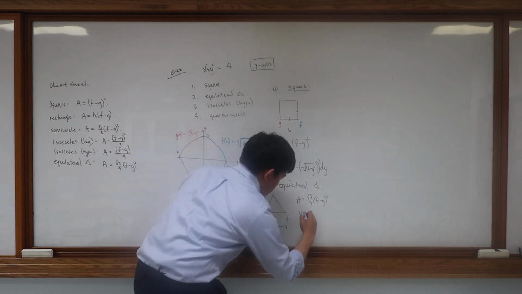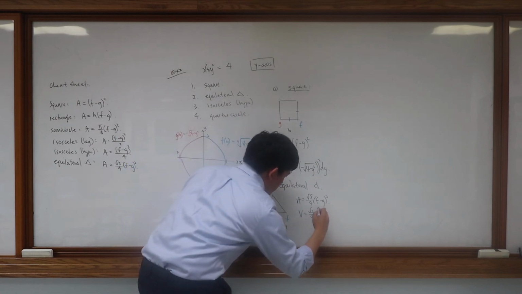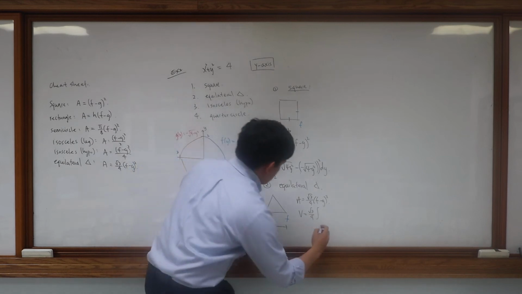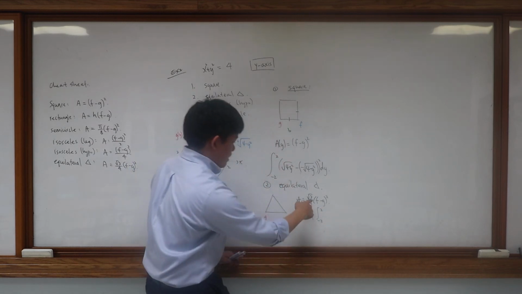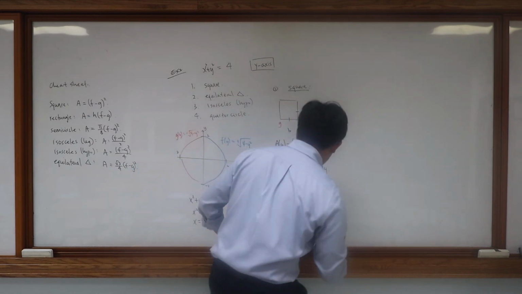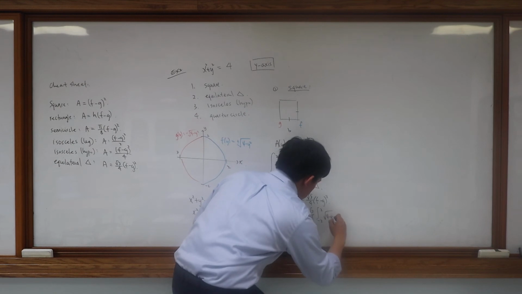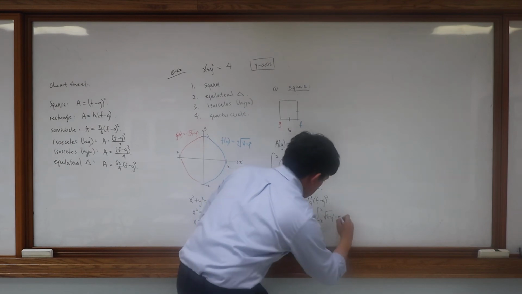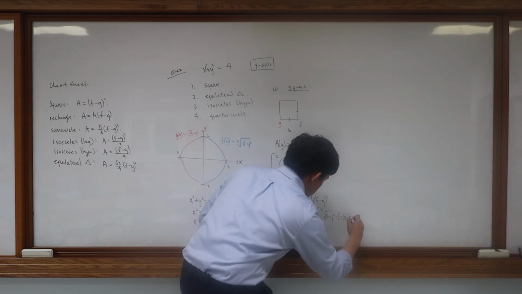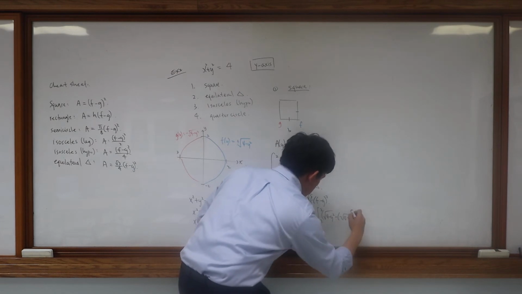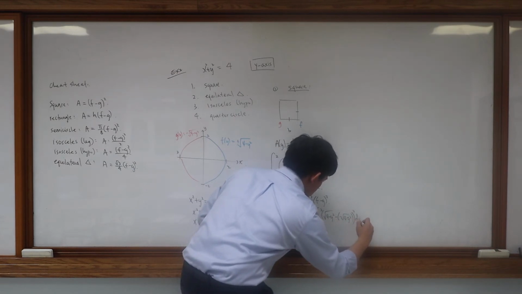So that means my volume is equal to root 3 over 4, integral from negative 2 to 2, and my top function is square root of 4 minus y squared minus negative square root of 4 minus y squared, the whole thing squared dy.